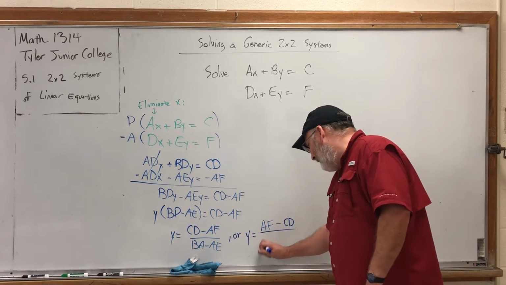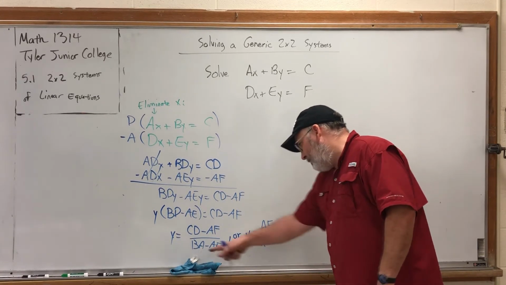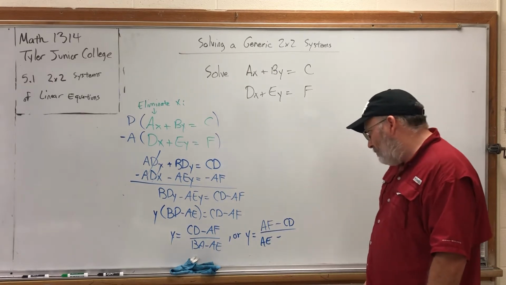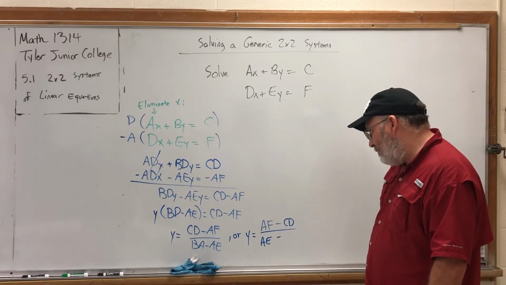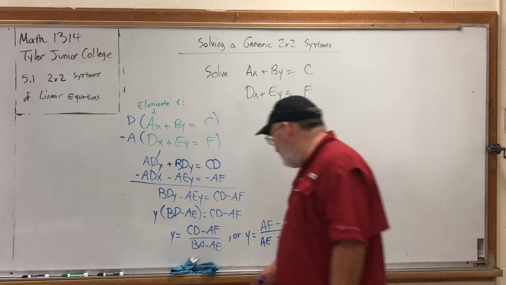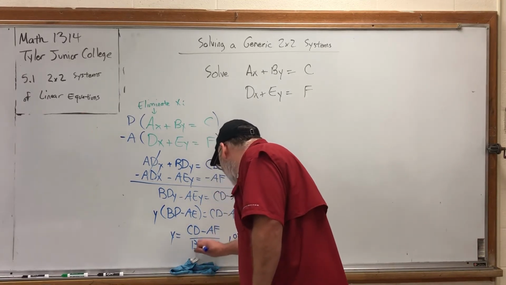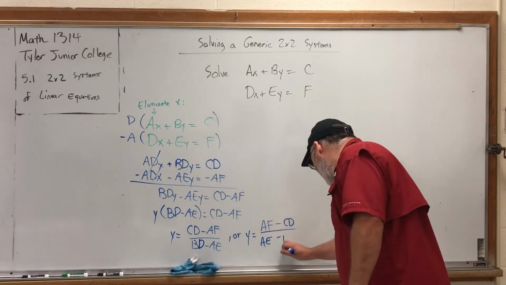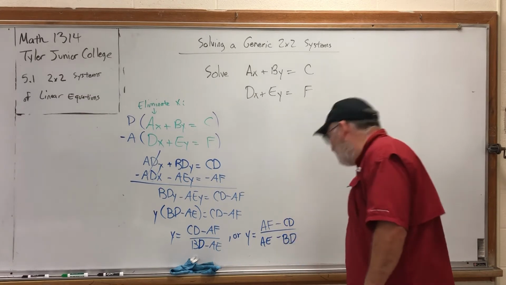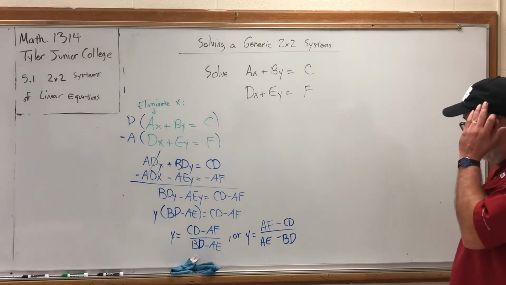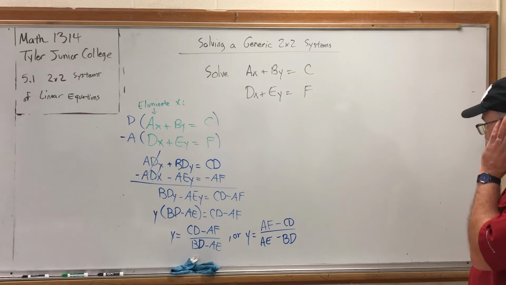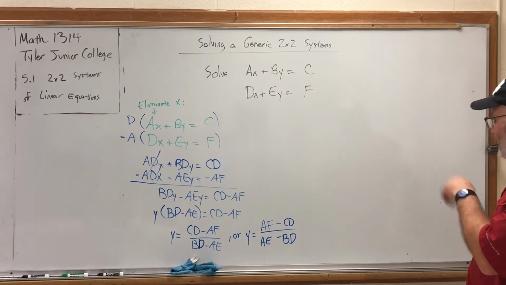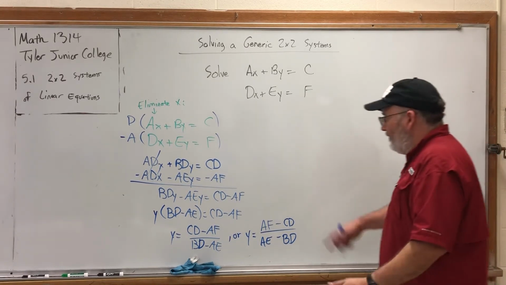This ae would be positive, I'll write it first. This would be, that's not ab, it's bd. Whoa, it's bd. It would be negative and I'd write it second. Actually, no, I'm not taking us that far, so either one of these would have been okay.